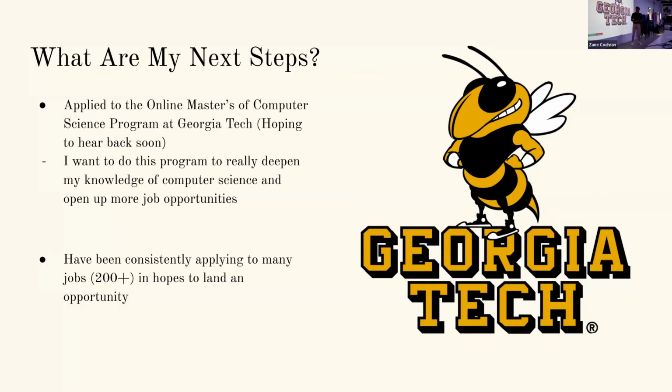I really wanted to join this program to deepen my understanding of computer science skills and open up more job opportunities for me, because the job market is struggling because AI is taking over a lot of the jobs. I have also been applying to many jobs, currently at 200 plus, in hopes to land an opportunity. But yeah, thanks so much.